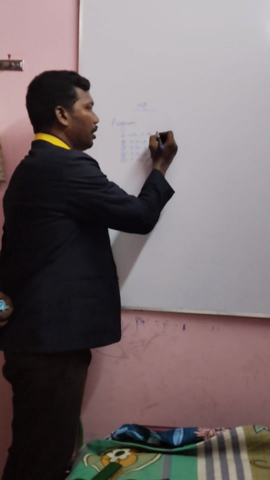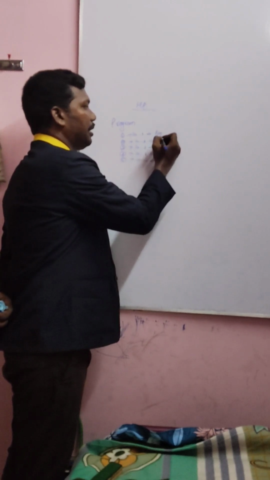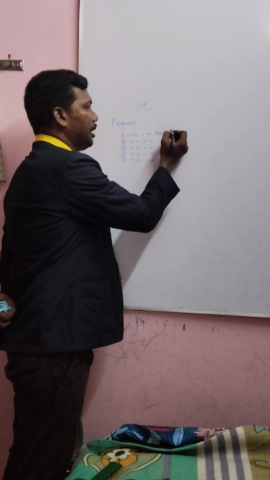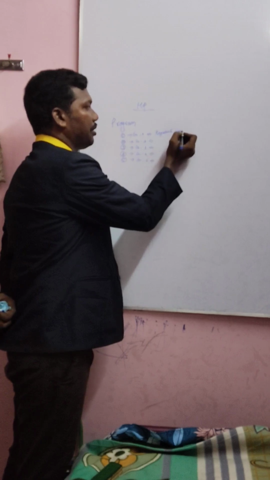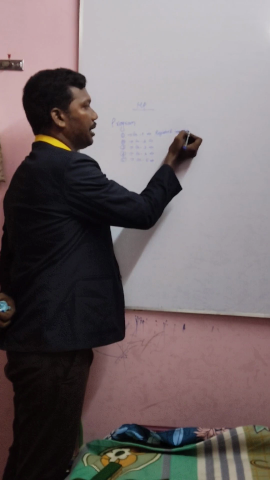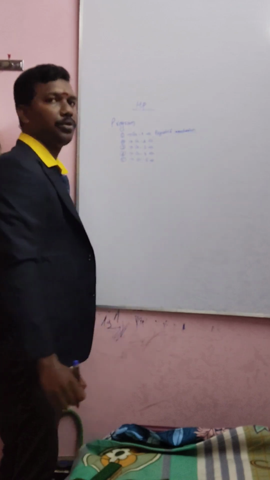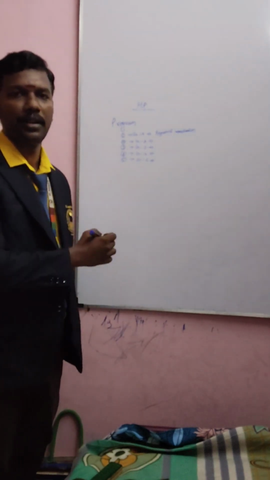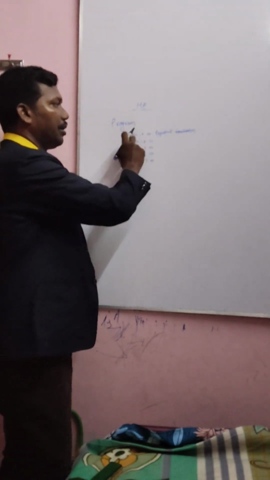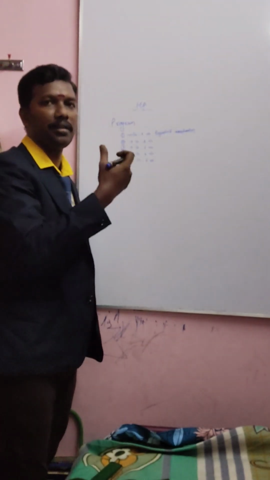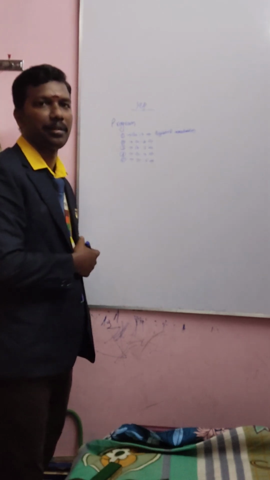Grouping number 1 is register and immediate. Two different types of representation are under it. So it means some addressing modes come under register and immediate.